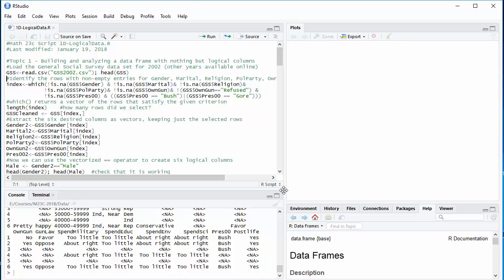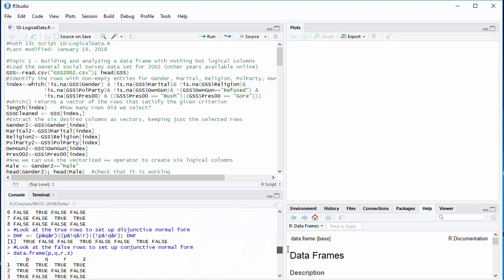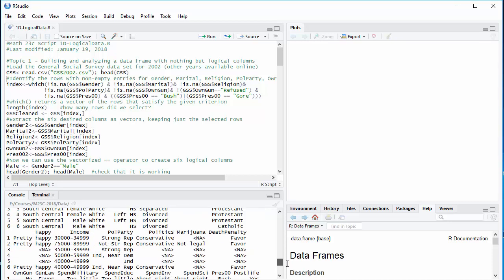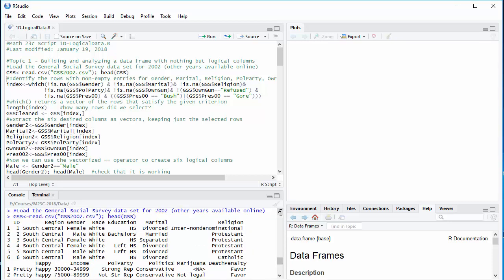We've got 6 rows that tell us more than we ever wanted to know about the respondents: what region of the country they lived in, gender, race, education, marital status, religion, whether they're happy, how much they earn, political party, and so on.